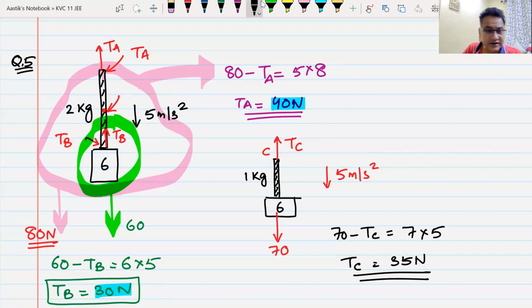Do we understand this? Yes or no? Anyone understands this? Mass of the rope does not make any difference to the eventual question. Everything is similar. Now I'll give you this question.